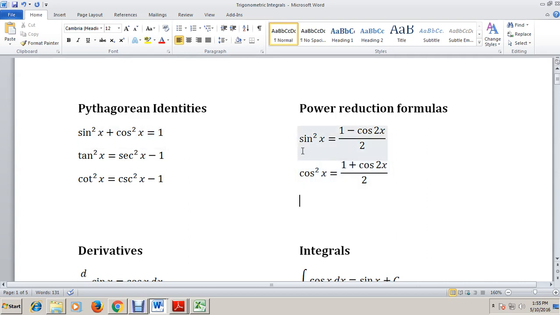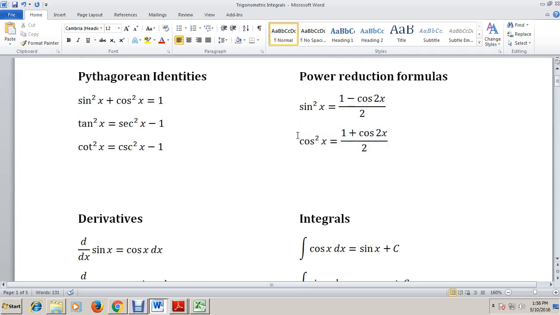So alternatively, we can have sine square x to be equal to either 1 minus cosine 2x over 2 as one of the forms for making use of the power reduction formulas, or simply we can have sine square x solved here. Now, we can do those alternate forms for sine square x depending on the need in the solution of the integrals.